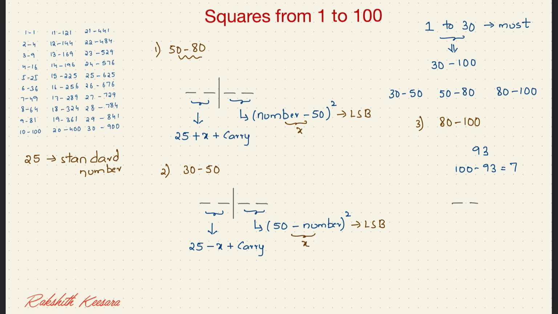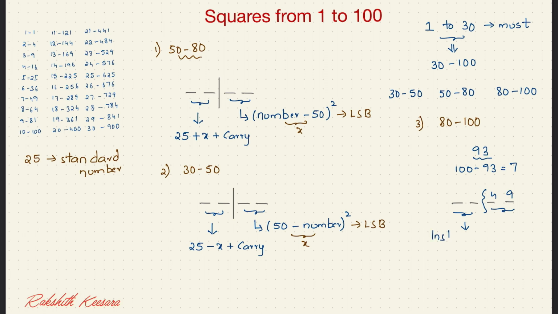And there will be 4 digits. The last 2 digits are 7 square, that is 49. And the only change here is, instead of subtracting or adding from 25, here we will directly subtract from the number itself, that is 93.